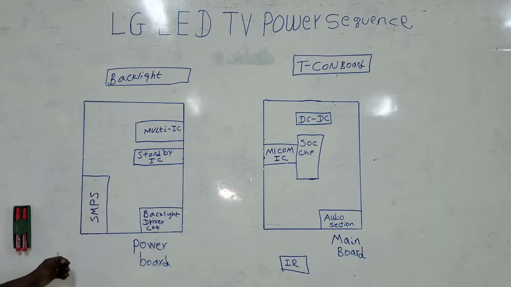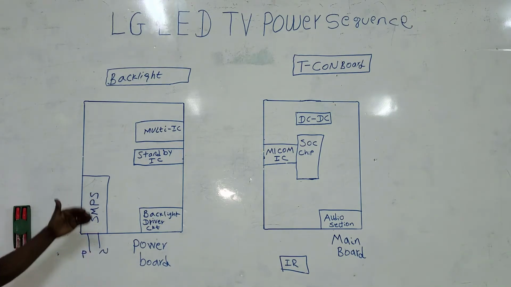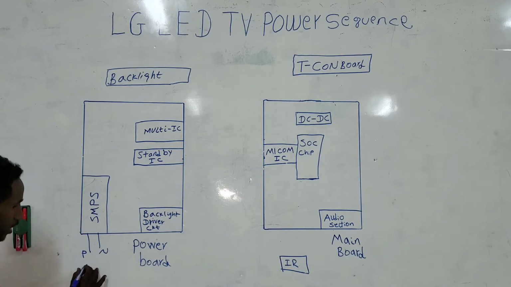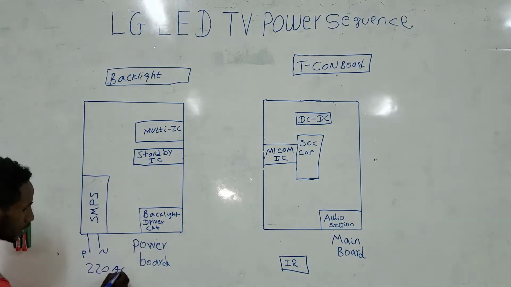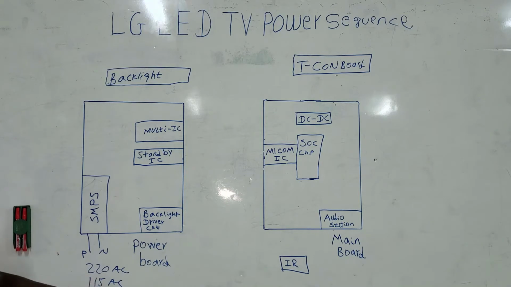Okay, when we provide an input voltage, depending on the country, the voltage that we provide for the power supply is different. In our case, it is 220 volts AC. In some countries, they use 150 volts AC.